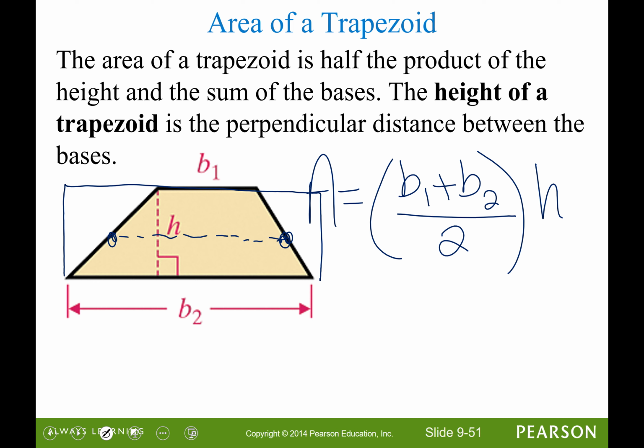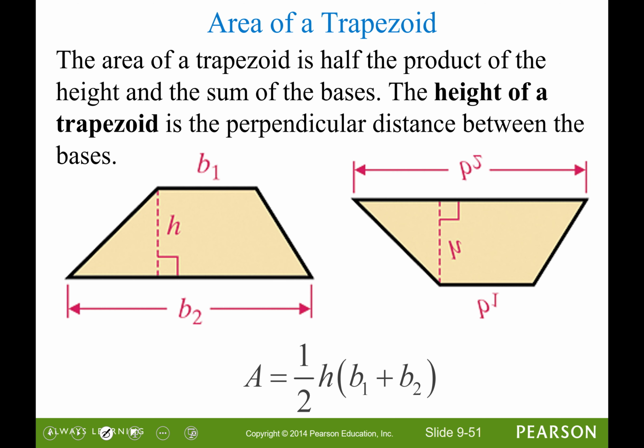But we have this part and this part here, which are congruent triangles with this triangle here. Hopefully that didn't confuse you more. Hopefully it helps you. Area of a trapezoid can be found using this formula here, or like I said, I like to put it over 2 instead of multiplying by 1/2.